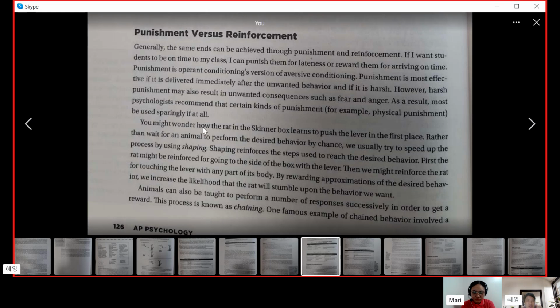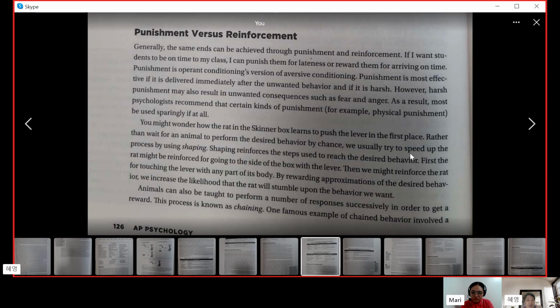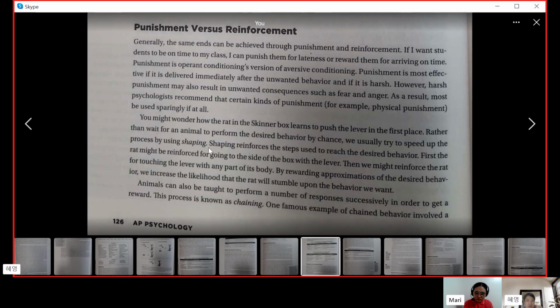You might wonder how the rat in the Skinner box learns to push the lever in the first place. Rather than wait for an animal to perform the desired behavior by chance, we usually try to speed up the process by using shaping. Shaping reinforces the steps used to reach the desired behavior.